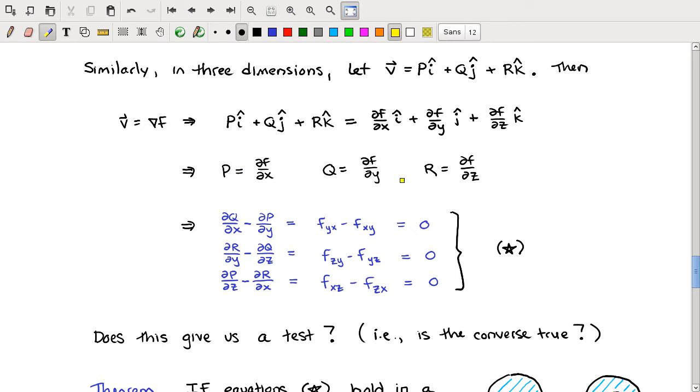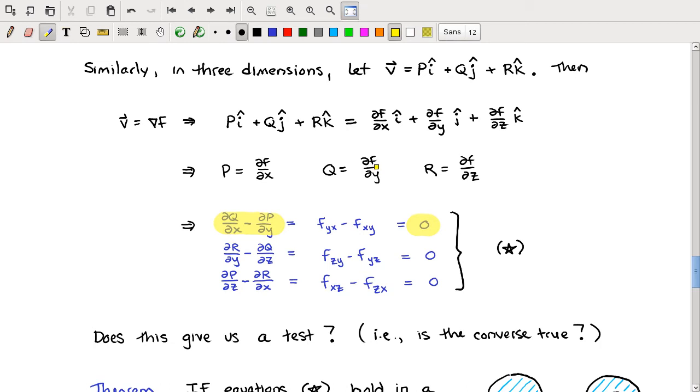We can then take derivatives of different functions with respect to different variables and get what should be equal mixed partials. So for instance, if I take the y derivative of P, that should be equal to the x derivative of Q, just like in 2 dimensions, which gives us one statement that Qx minus Py is 0.